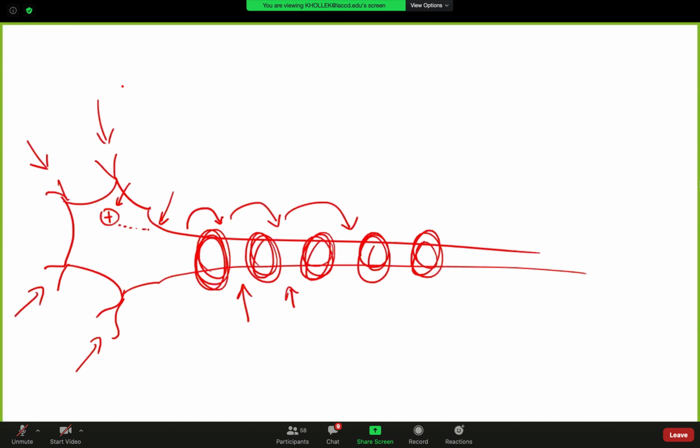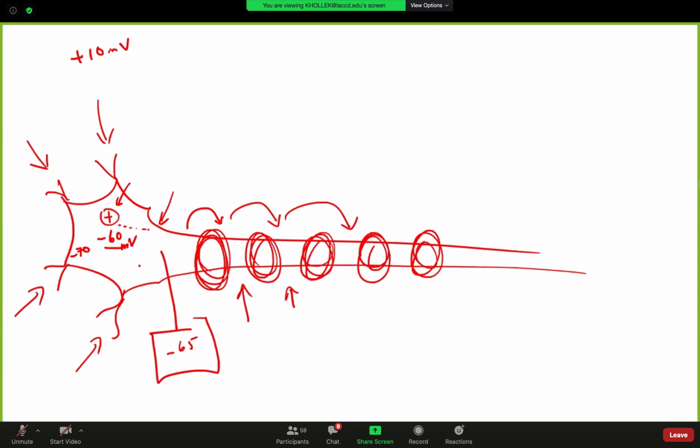If the initial signal was a positive 10 millivolts, and we're starting at negative 70, then you get to negative 60 millivolts. But as you're going further and further, this dies off. In other words, right here, I'm putting a measurement, and that might be negative 65 because it's not closer in. It decays with distance.